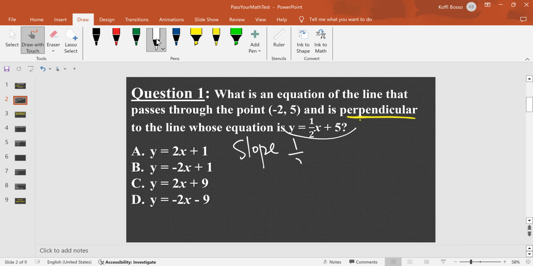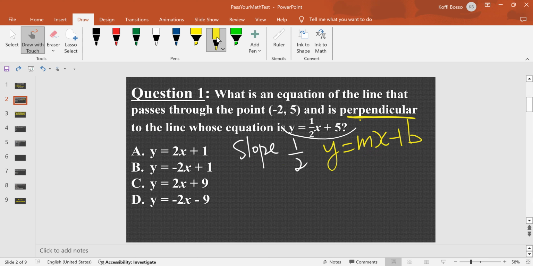1/2. We have the form y equals mx plus b here, so m represents the slope, which is 1/2. Now, perpendicular, so we need the negative reciprocal of this slope 1/2.